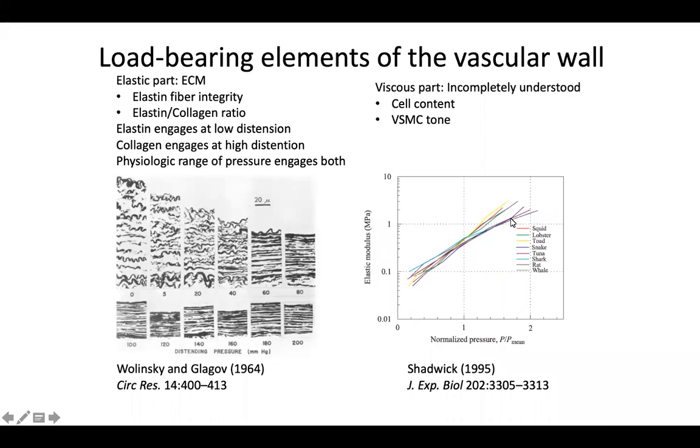So this basically tells us that the closed circulation evolved to be able to withstand and respond to a certain range of distending pressures beyond which the material will begin to fail. I think this illustrates beautifully how evolution led to a closed circulation system that functions well for various species.